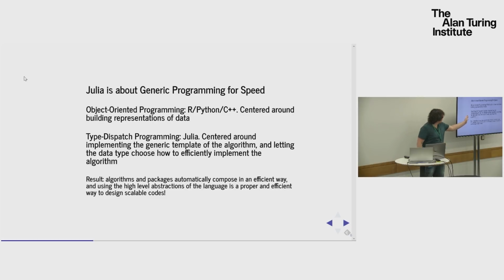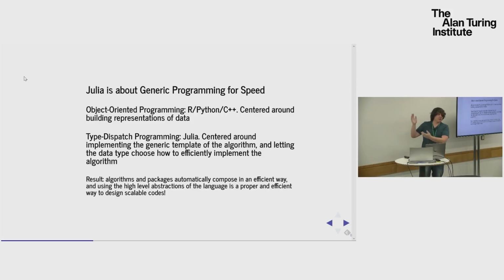And then someone says, here's my number type. My number type is a 64-bit number, and it knows what plus means and what multiply means. And when I put my number type into your algorithm, it generates code, and that code is what's then actually run on your computer. Now, the nice aspect about that is that a generic algorithm can have a lot of different number types and a lot of different array types put into it.